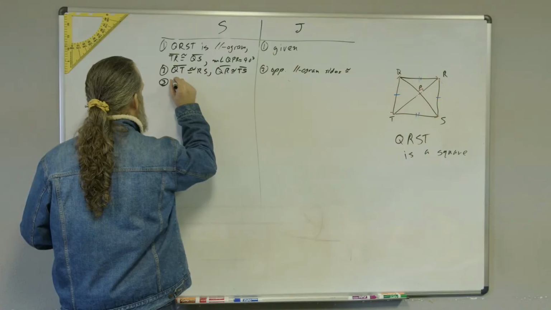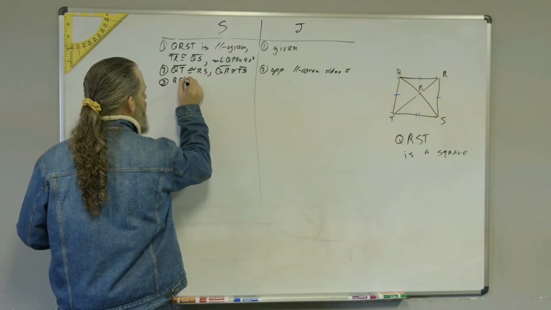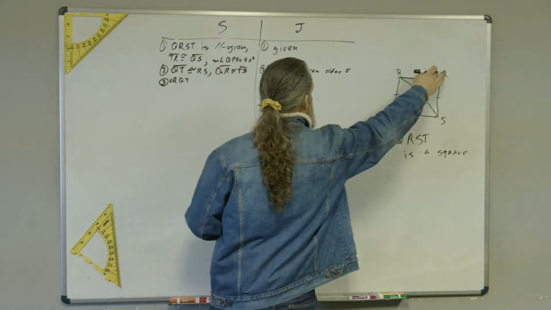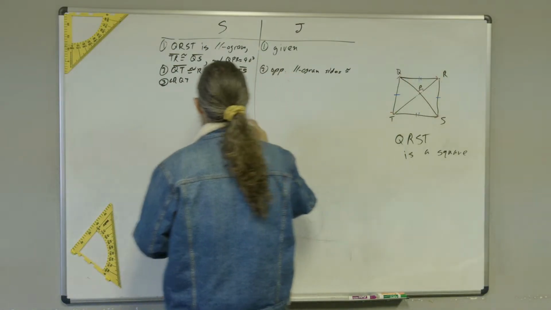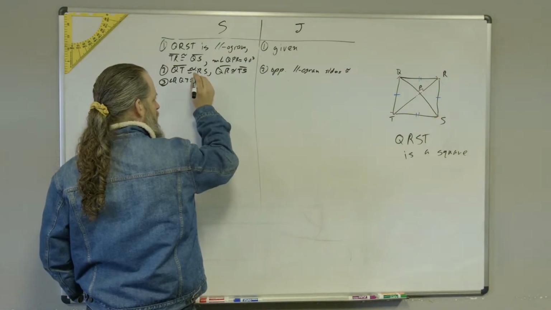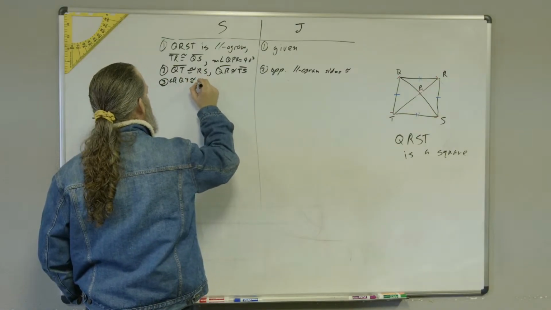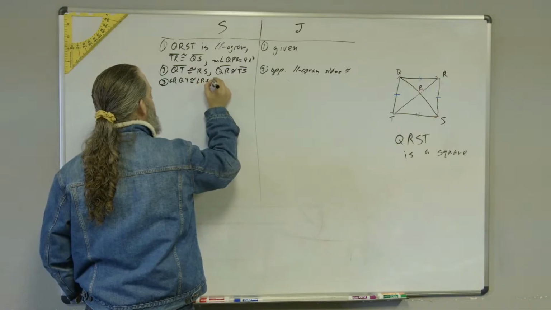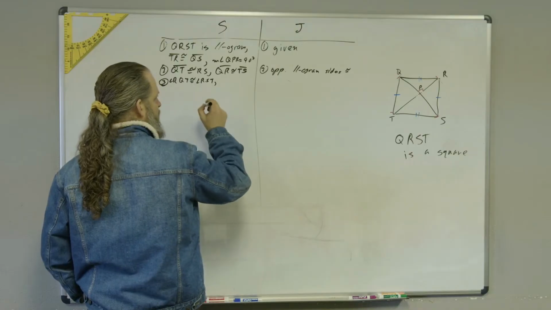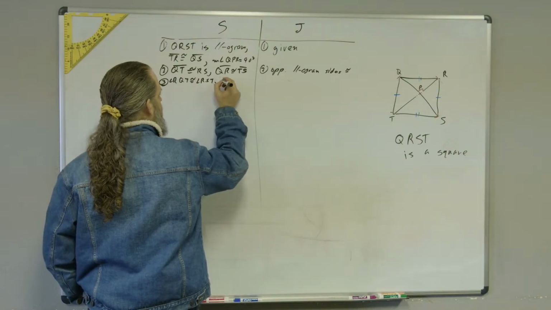So angle RQT is congruent to angle RST. Excuse me. And then the other two sets are also congruent.